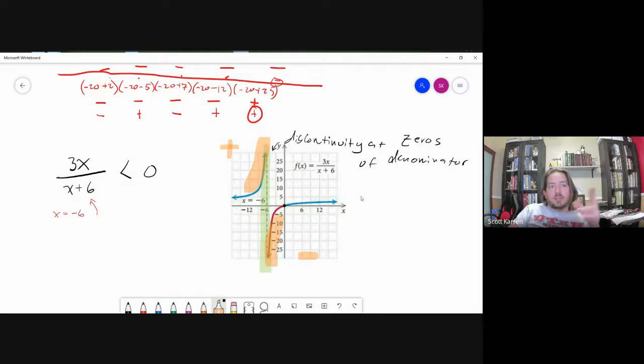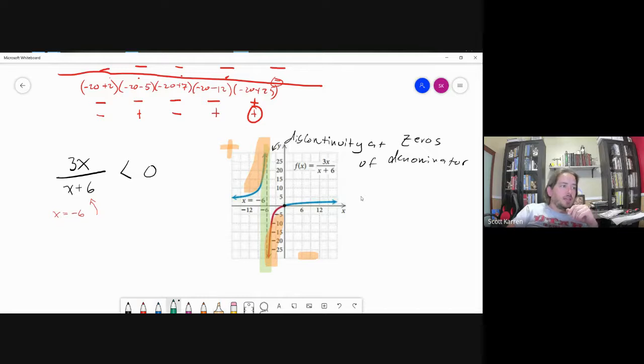So over a discontinuity or a 0 of the denominator, we can change the sign. We can go from positive to negative or negative to positive, but it's not necessary that we do. If it were a second degree or a 0 of multiplicity 2 in the denominator, we might not change signs, right? But the point is that we have to check, right?